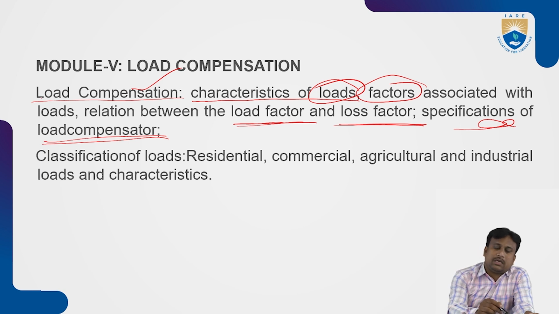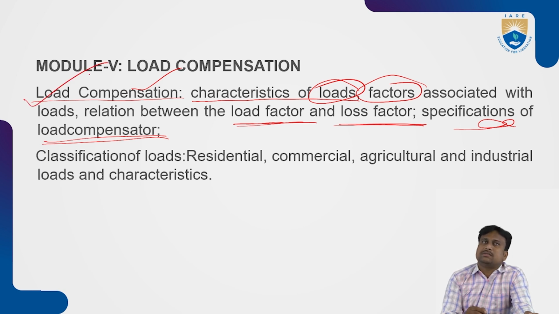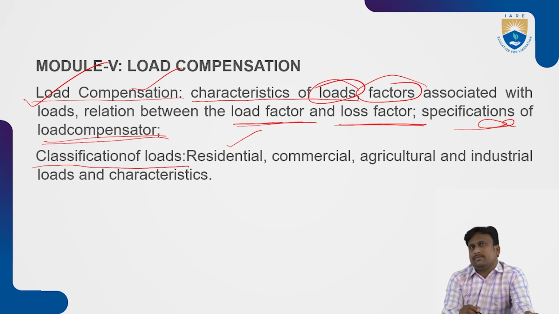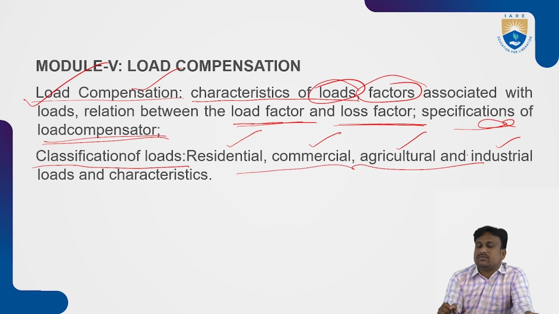All these load compensation benefits will be applicable for different types of loads. Here the loads existing in nature are residential, commercial, agricultural, industrial, like this. All these are the loads which will be available in nature.